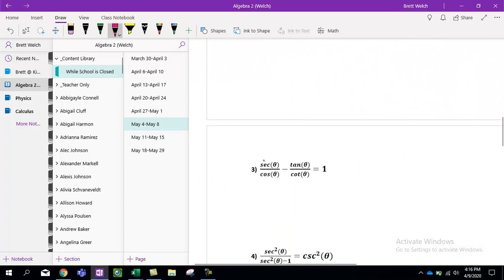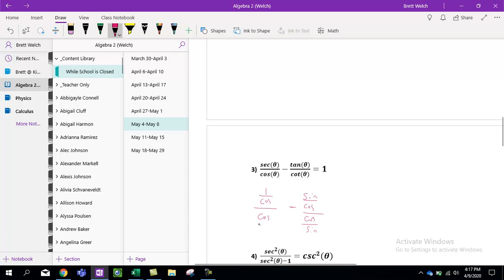But here the secant, I'm going to write it as 1 over cosine. Now that's still over cosine. Minus tangent is going to be sine over cosine, over cosine over sine. This actually happens quite a bit in these types of problems.